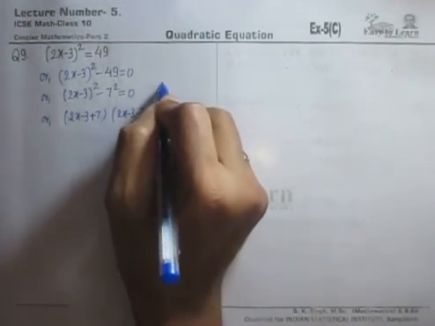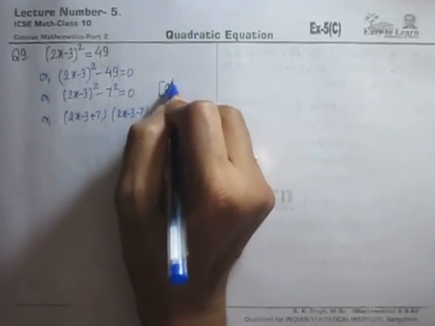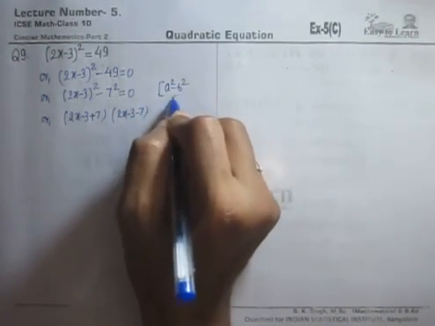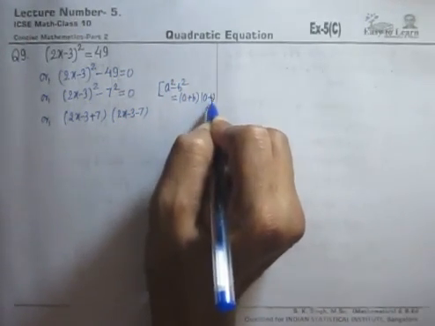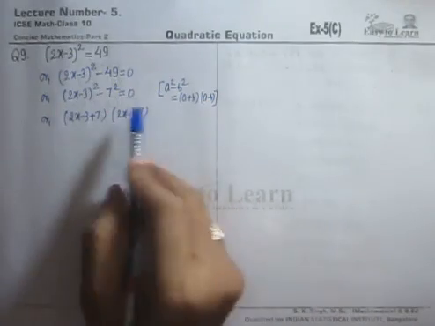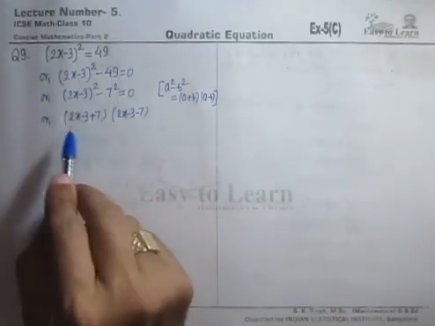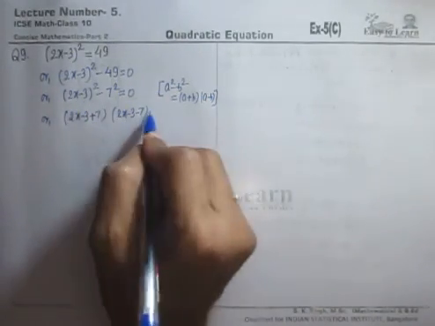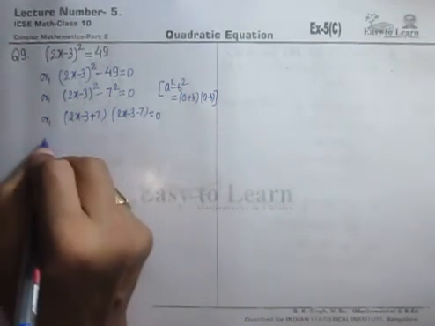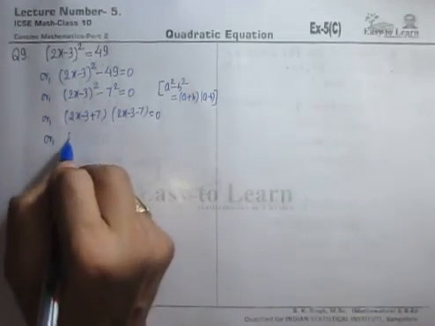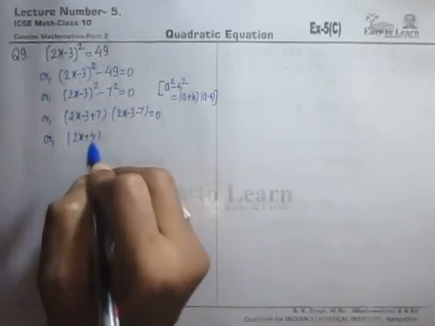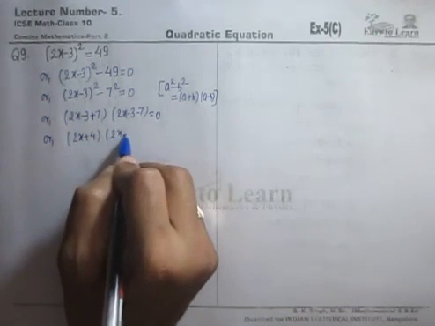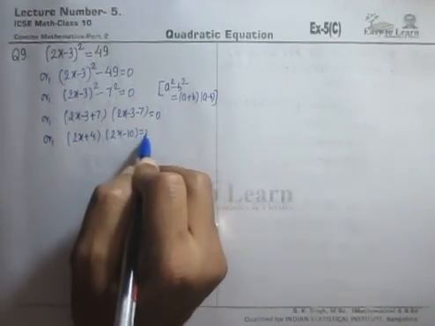Here we have used the formula a square minus b square can be written as a plus b into a minus b. So here a is 2x minus 3 and b is 7. So a plus b and a minus b equal to 0. Or 2x plus 4, and here we will get 2x minus 10 equal to 0.